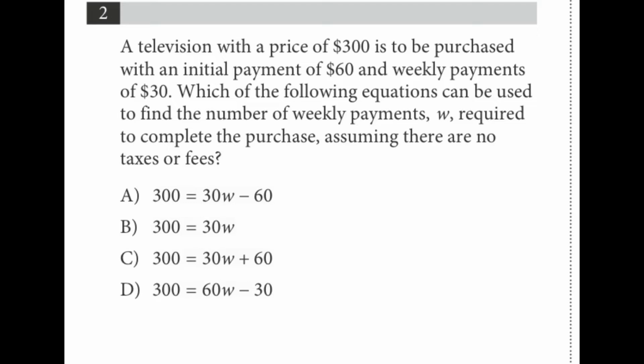Number 2. A television is purchased with a price of $300, and we have an initial payment and then weekly payments. That's important because this is probably going to be linear, and anytime something is a one-time or initial cost, that means it's our y-intercept, and the weekly or recurring payments are going to be our slope.